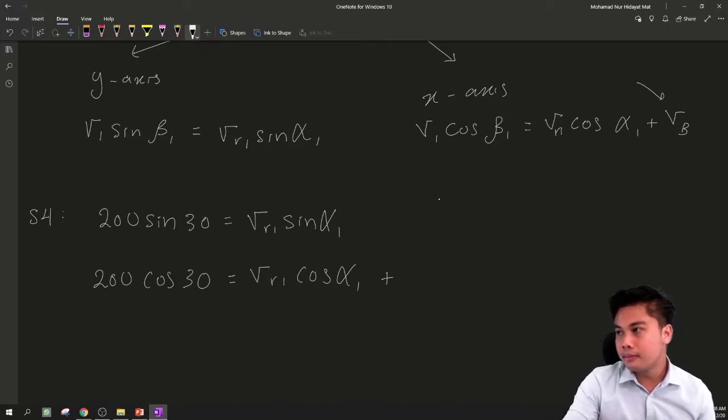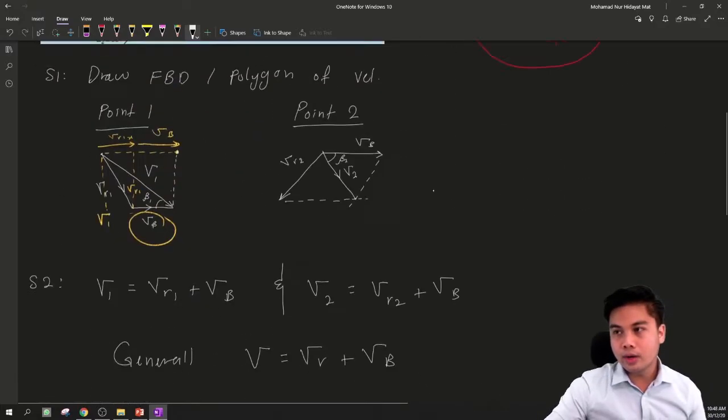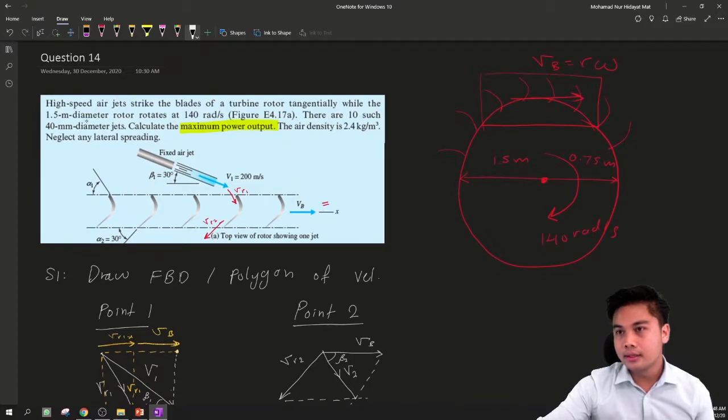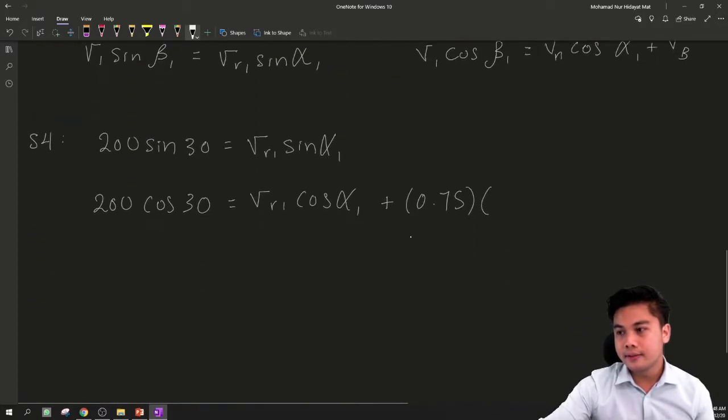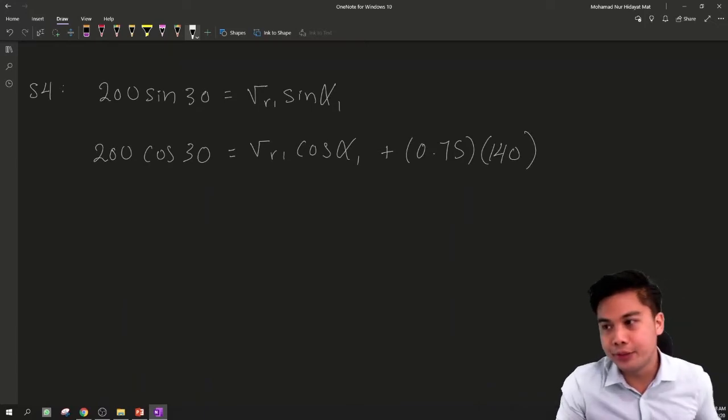VB is R omega, R here is 0.75, rotating at 140 radian per second. This is already in SI units.